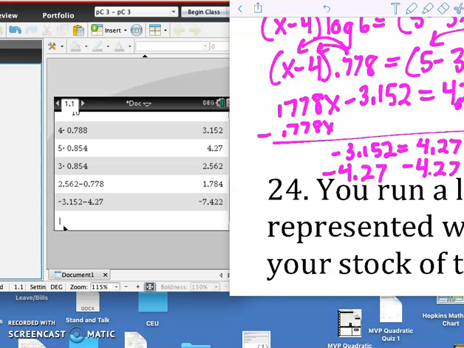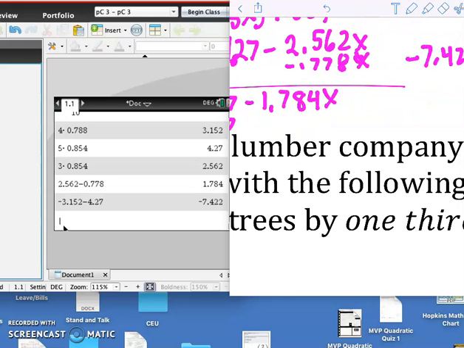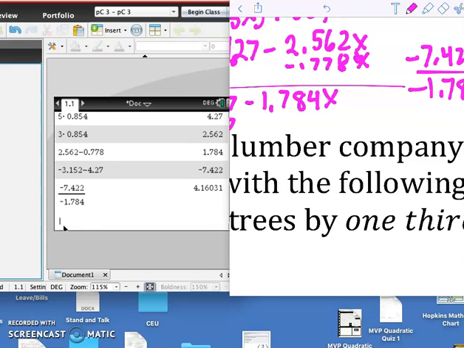So we have negative 7.382 equals negative 1.784x, divided by negative 1.784. And let's see what x is. So 4.16.